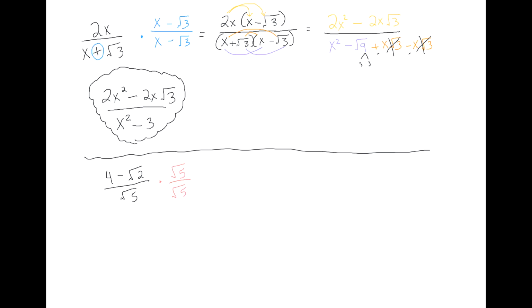So on the top, I have square root of 5 times 4 minus square root of 2. On the bottom, I have square root of 5 times square root of 5.